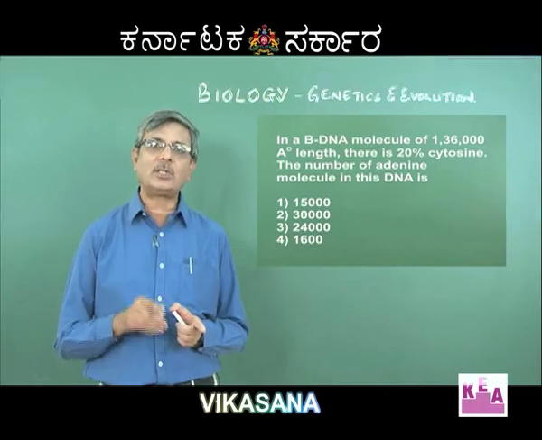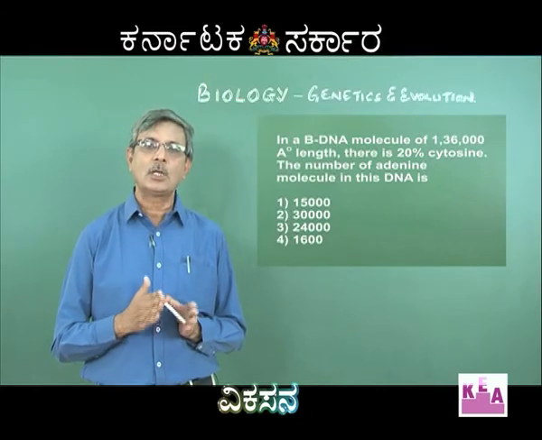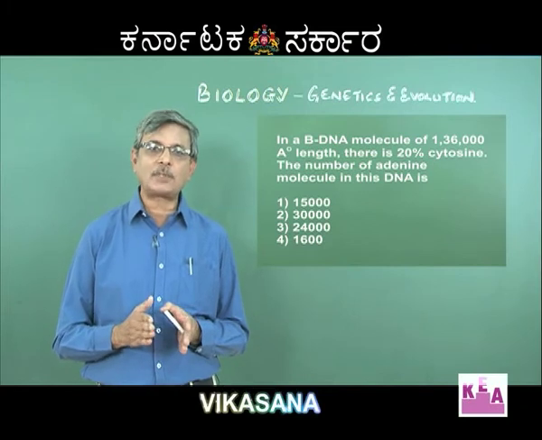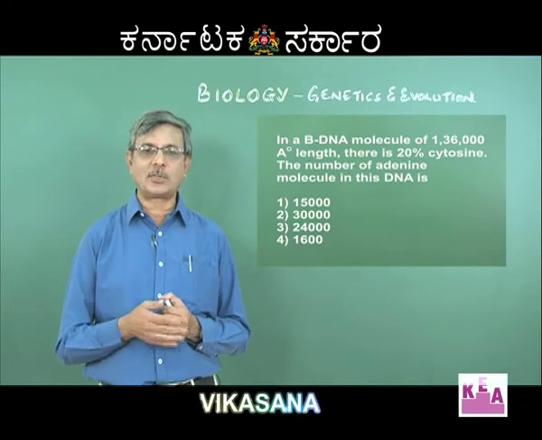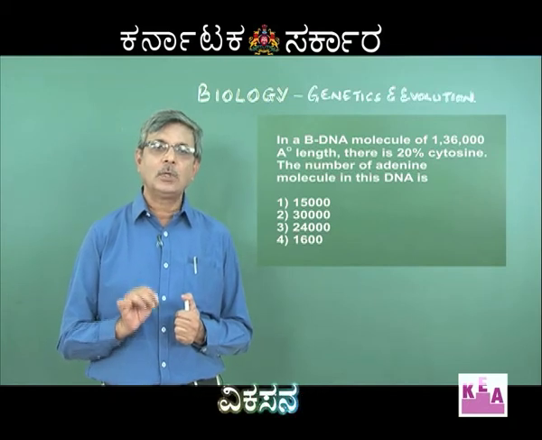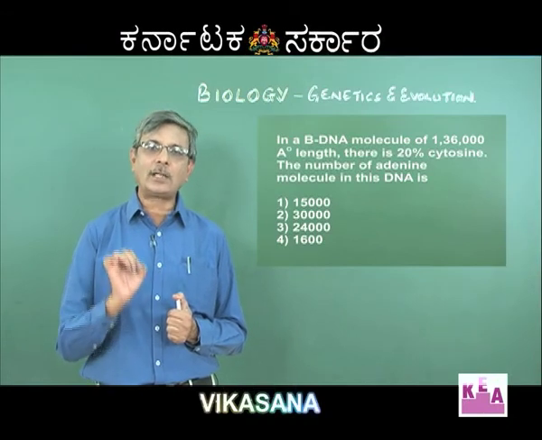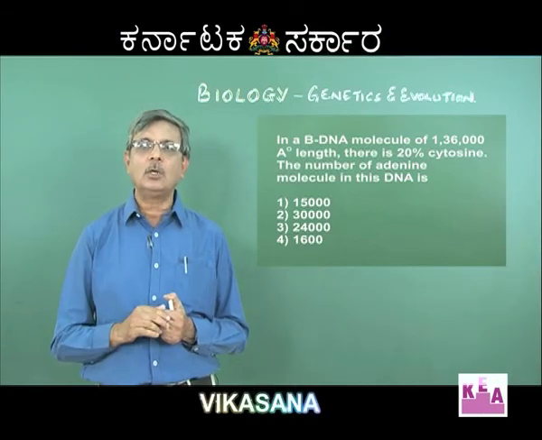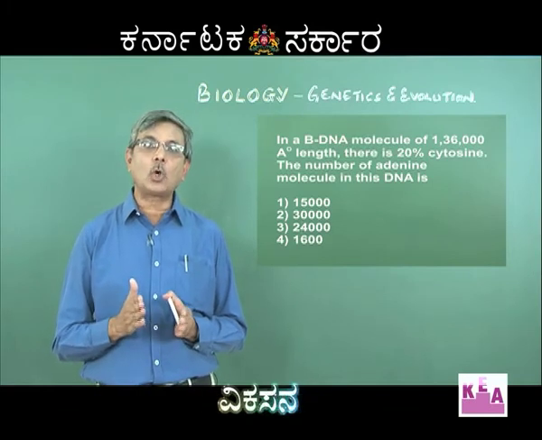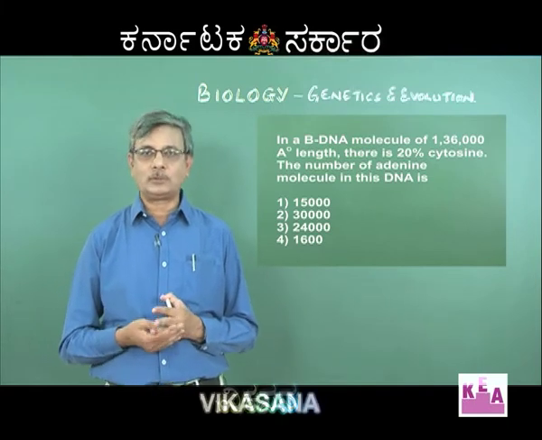Since A pairs with T by 2 weak hydrogen bonds, the number of adenine is equal to the number of thymine; together they make up 60%, so adenine is 30%. This 30% is of the nucleotides of the B-DNA molecule spanning a length of 1,36,000 Angstrom units. So, now we should know the total number of nucleotides present in this length of B-DNA molecule.